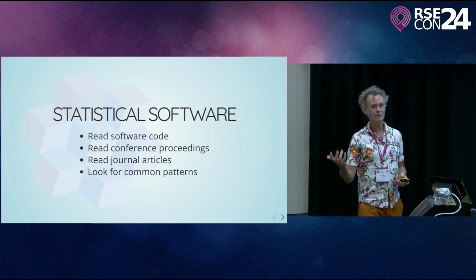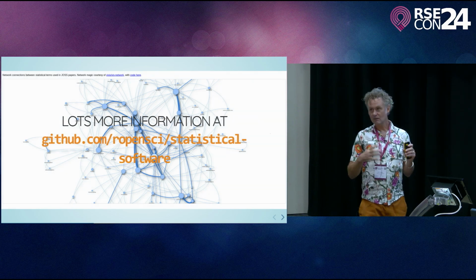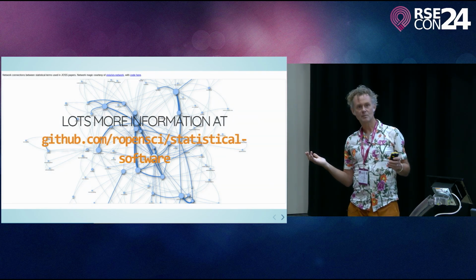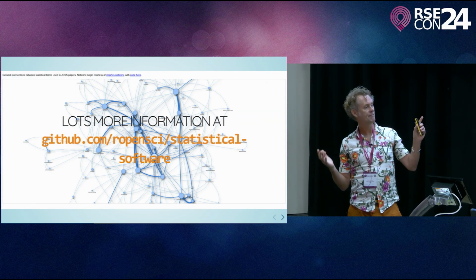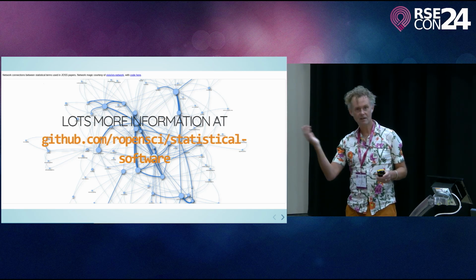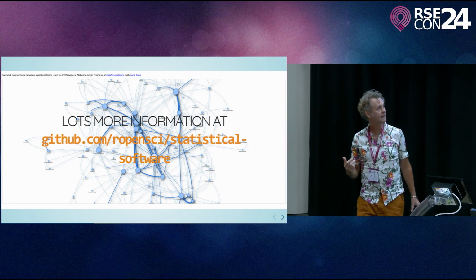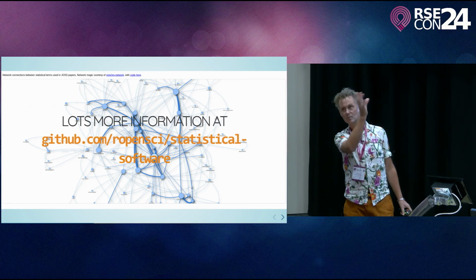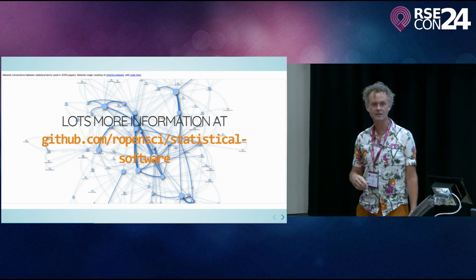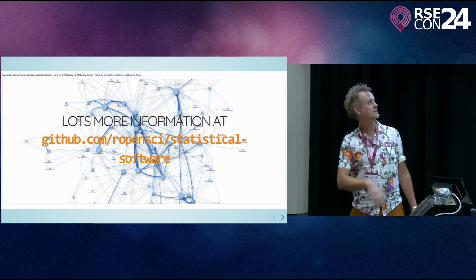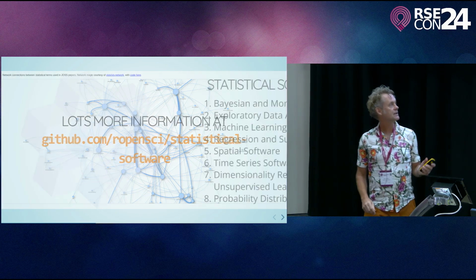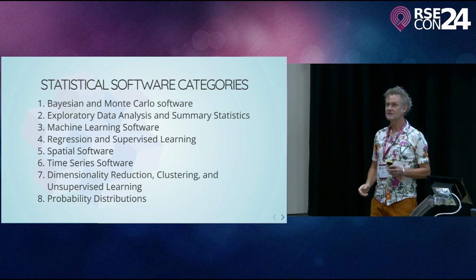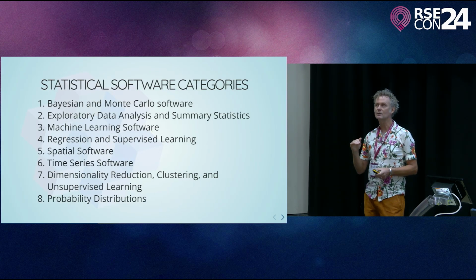This was quite a long research exercise, and generated a whole lot of data. The whole thing was open source the entire time. The links to these slides will be shared after the conference, so anybody can look at that link, and it's all documented there. This is an example of a full interactive network visualization of statistical terminology. We used all of that to come up with categories of statistical software.